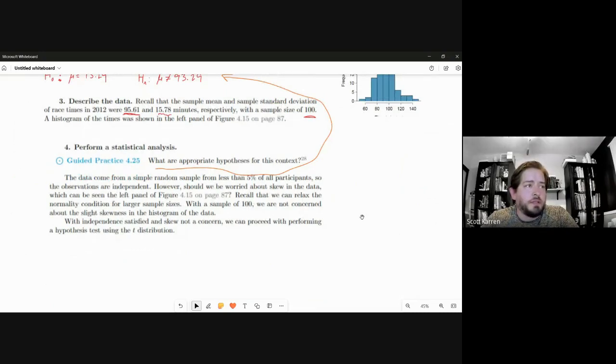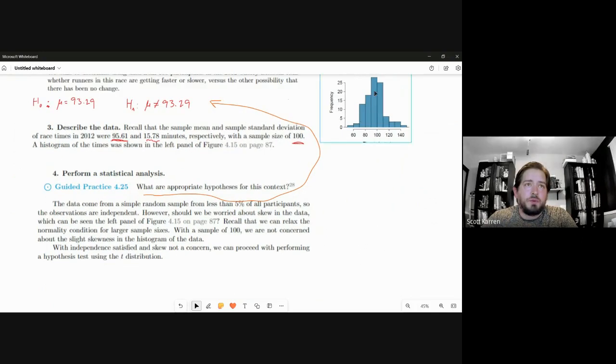Comes from a simple random sample from less than 5% of participants. So the observations are independent, but that skew in the data, right? We've got that kind of weird shape to this thing. It says here that we can relax the normality condition for larger samples, which we've got 100.